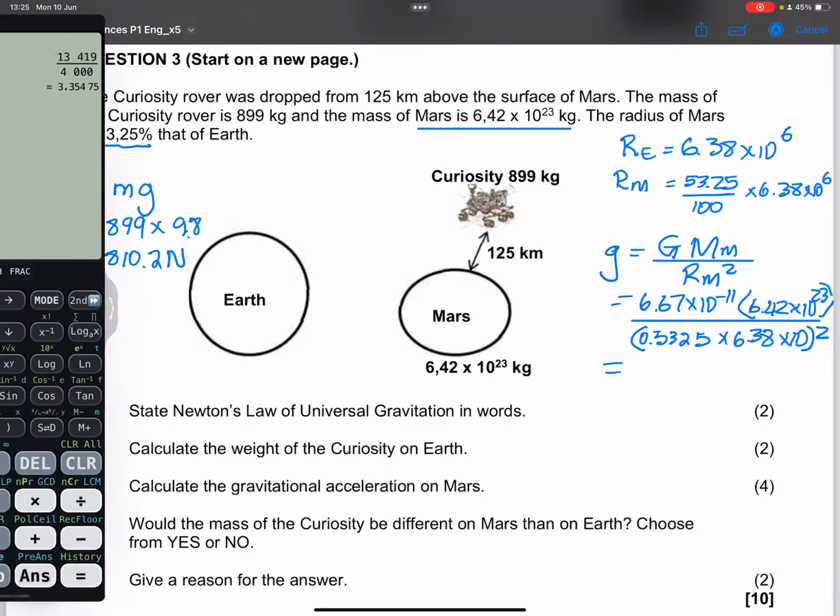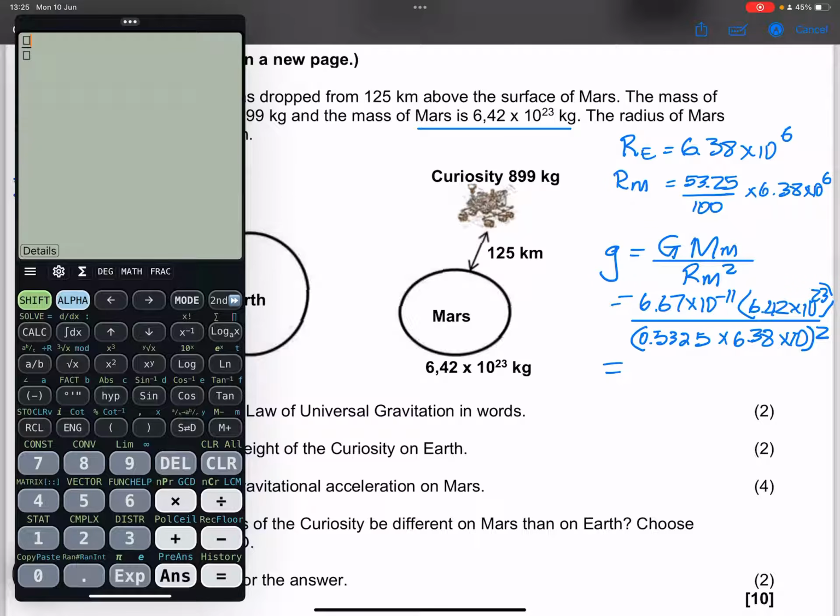So I'm going to use my calculator there. That's 6.67 exponent minus 11, multiplied by 6.42 exponent 23, and this is divided by 0.5325 multiplied by 6.38 exponent 6, and remember we square that value.